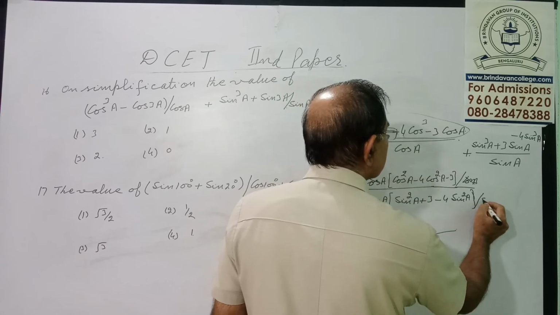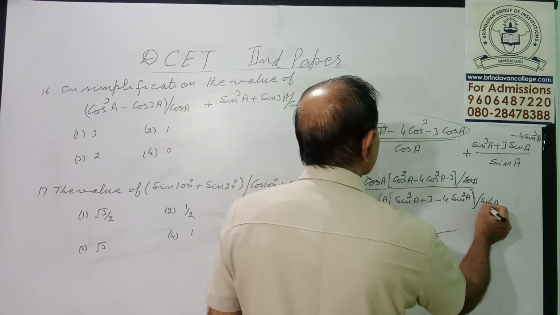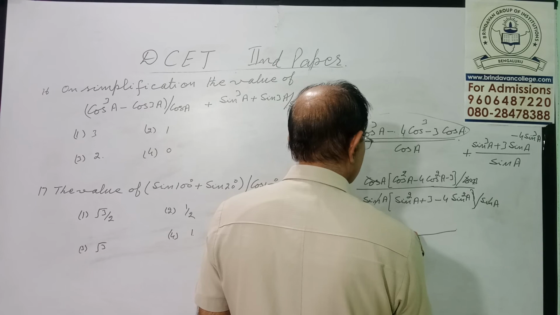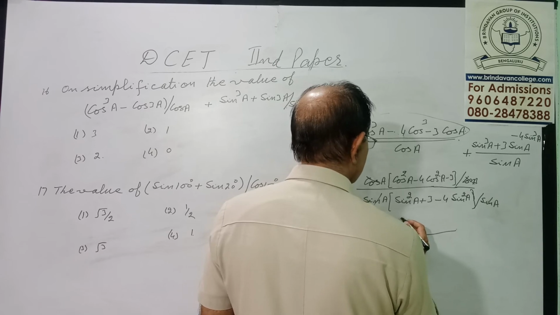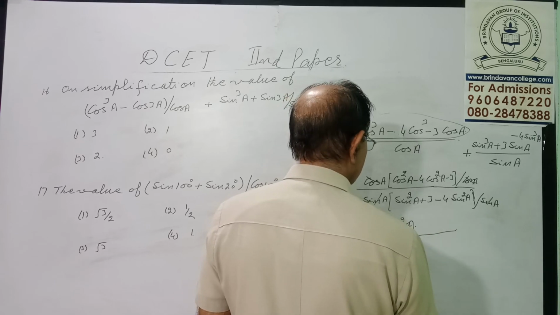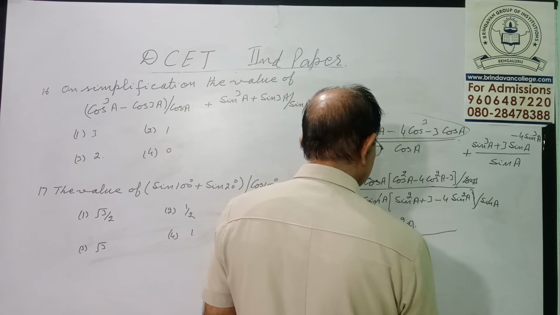Sin A in the denominator we can also cancel. So we are left with minus 3 cos square A in the numerator and 3 sin square A in the denominator.